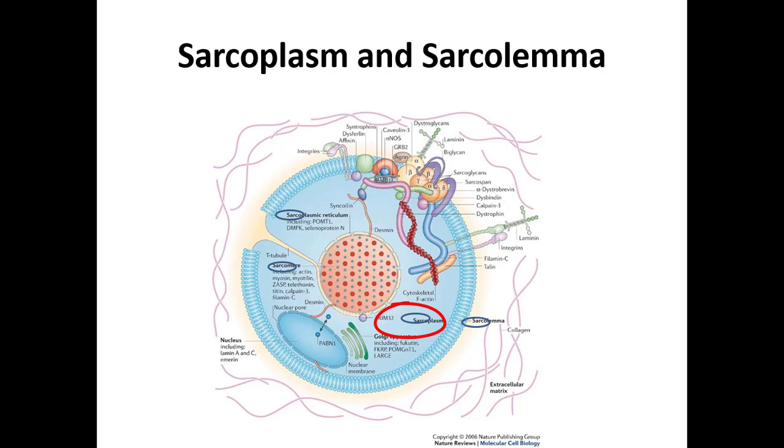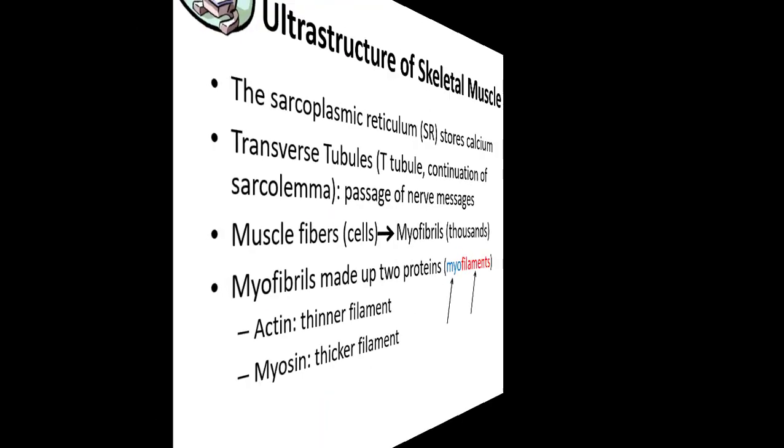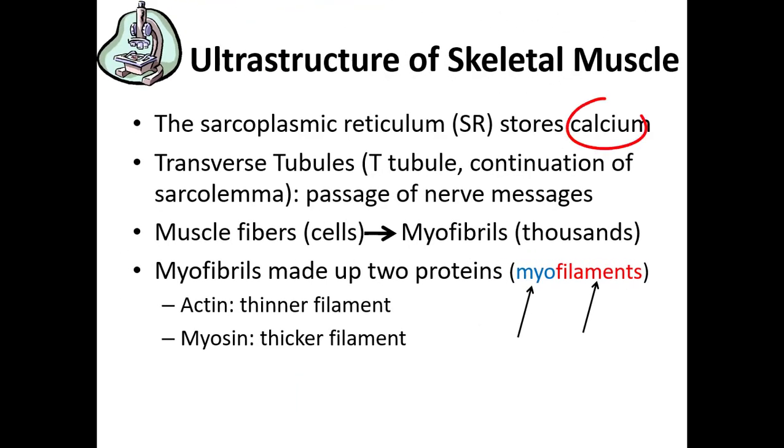Compared with the cytoplasm of other cells, it contains a large amount of glycogen and myoglobin. And this is the sarcolemma, the cell membrane of a muscle cell. The sarcoplasmic reticulum stores calcium, and the transverse tubule or T-tubule, which is a continuation of the sarcolemma, is a passage for nerve impulses.